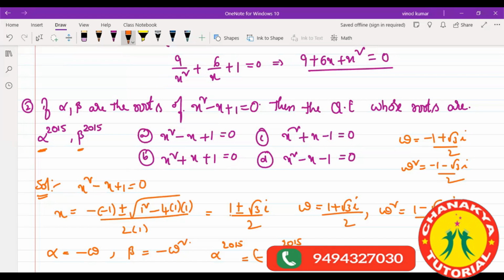So omega power 2015 is omega square into omega power 2013.